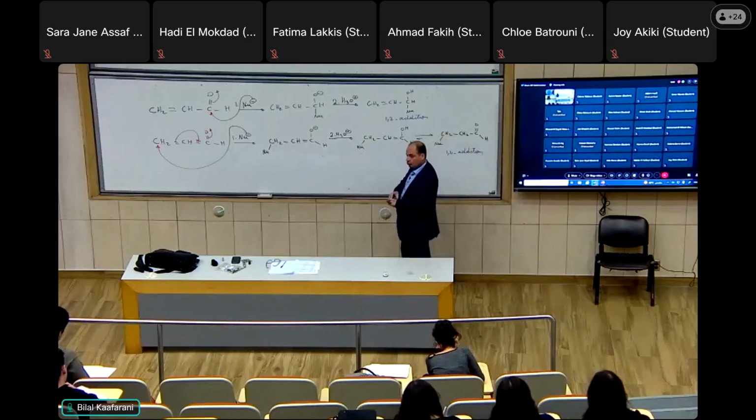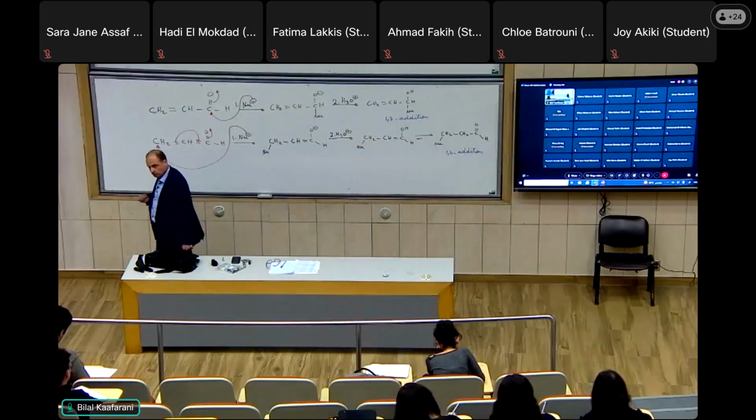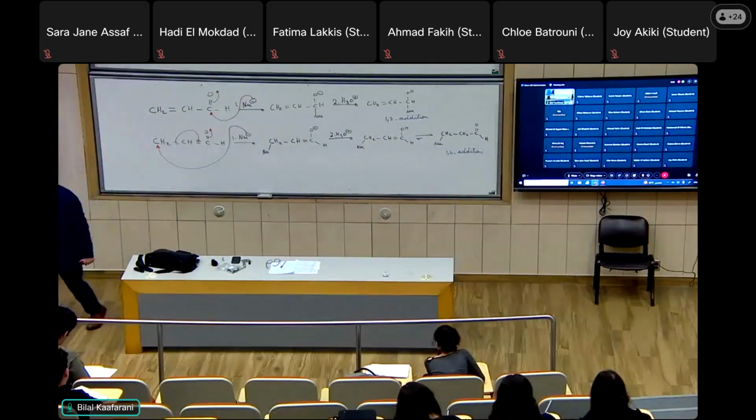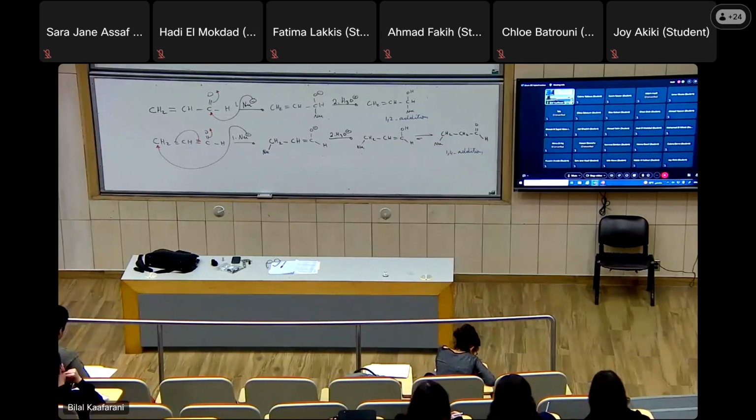So the 1,2 addition, you are attacking the carbon of the carbonyl. The 1,4 addition, you are attacking the beta carbon of your alpha-beta unsaturated system. Now we are going to figure out which nucleophiles will do 1,2 addition, which nucleophiles will do 1,4 addition.